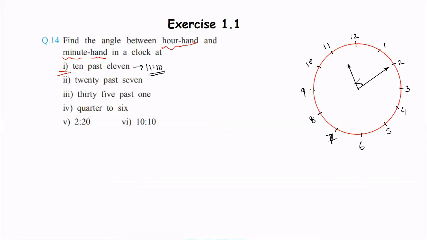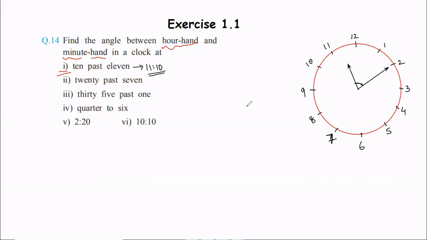It will not be exactly 90. It will be slightly less than 90. We need to also consider the factor that the time has moved 10 minutes further than what we expected. So we need to calculate by how much fraction the hour hand has moved ahead.